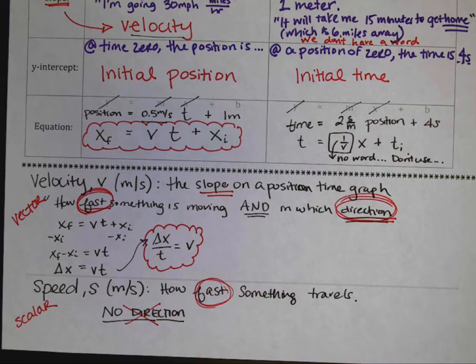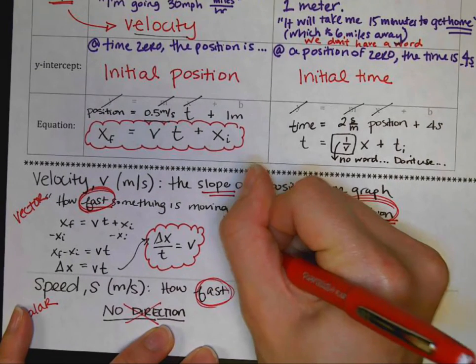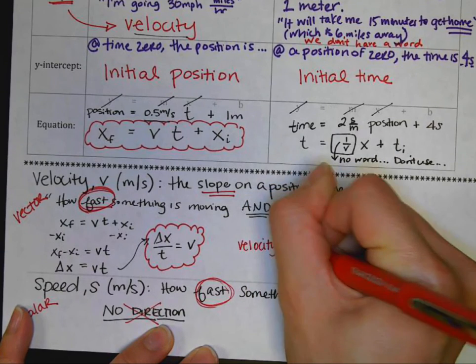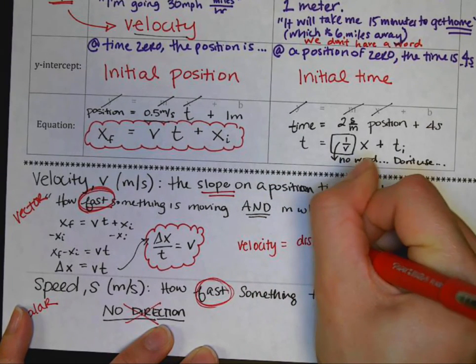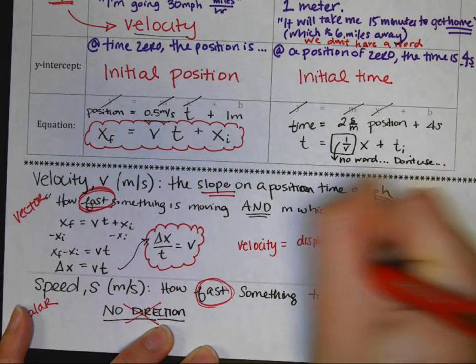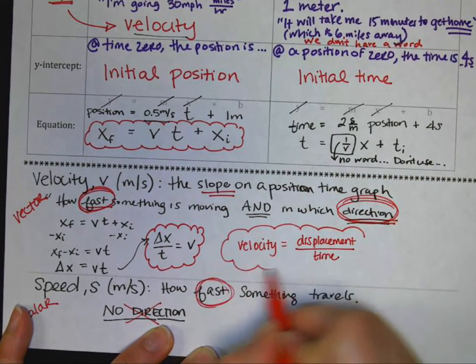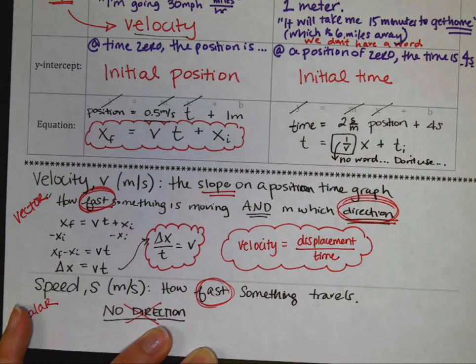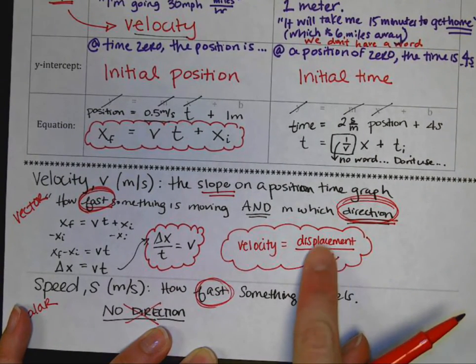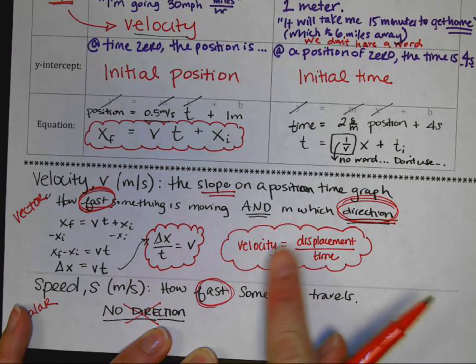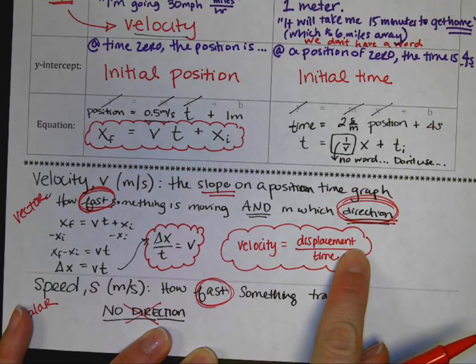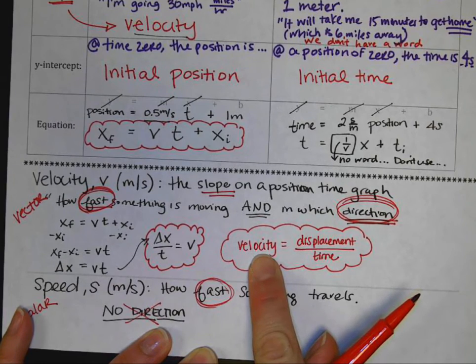To bring back the idea of these terms and how they're important, notice we have delta x in the equation for velocity. So if I really wanted to write this out, I could write velocity is equal to displacement over time. Realize displacement's a vector. Whenever you have a vector somewhere, it's going to cause another vector. If this displacement had a direction, the velocity has to have a direction.